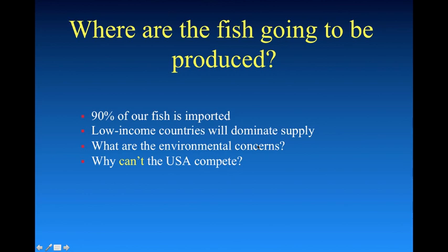Environment is going to be a concern. Are these countries able to supply products to, call it, Western countries where environmental issues are of a concern, versus just simply price? And why is it that the U.S. can't compete? Well, maybe it's because our products cost too much.